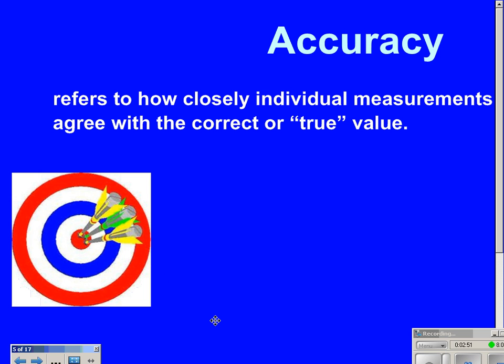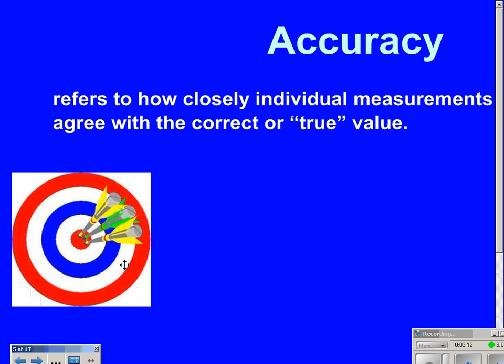Now, I could get something like this picture here, playing darts. Every time you play darts, you hit a bullseye. That's very accurate. And your shots are also grouped very closely, so it's also very precise. So this graphic here illustrates both accuracy and precision.